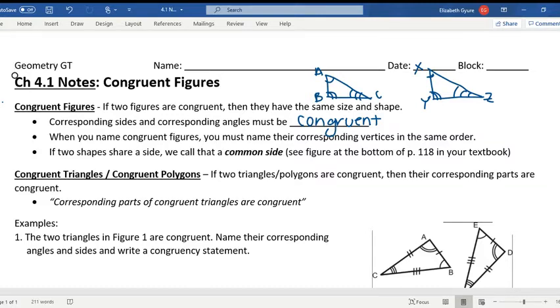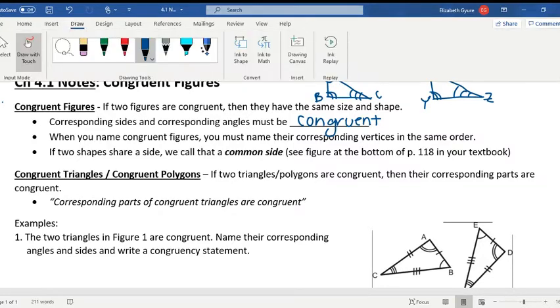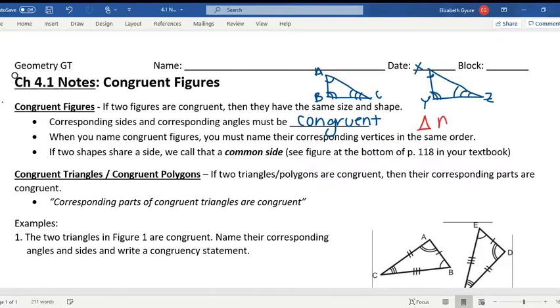It says when you name these figures, you must name their corresponding vertices in the same order. So if I was to name this first triangle, triangle ABC, I would have to name the second triangle in that same order. So A goes with X, B goes with Y, C goes with Z. So I would have to say triangle XYZ.